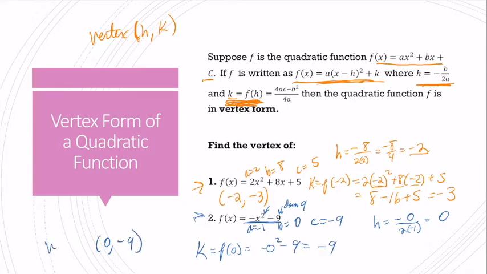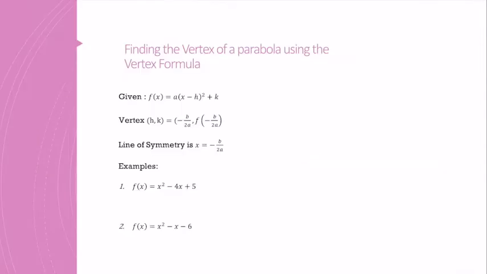So there we have found our vertex. Okay, so I can find the vertex of a parabola using the vertex formula. That's what we discussed on the last slide. I don't know why I have it twice. So why don't we go ahead and practice putting these in vertex form?